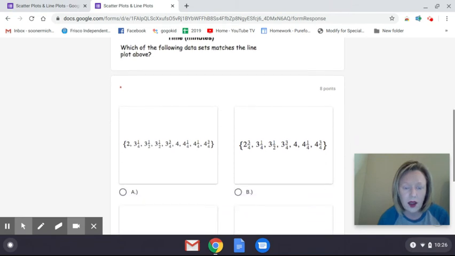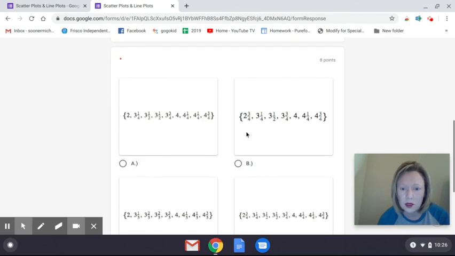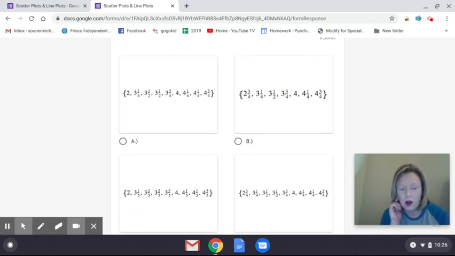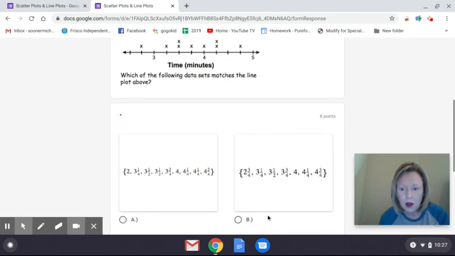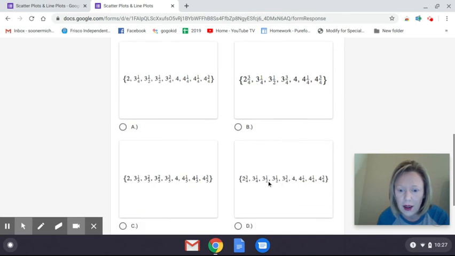So let's look at our lines. Down here, I see this one has 2 and 3/4 and 3 and 1/4. So I'm thinking it's in one of those. And then I see 2 X's above 3.5. So I need 2 3.5s.